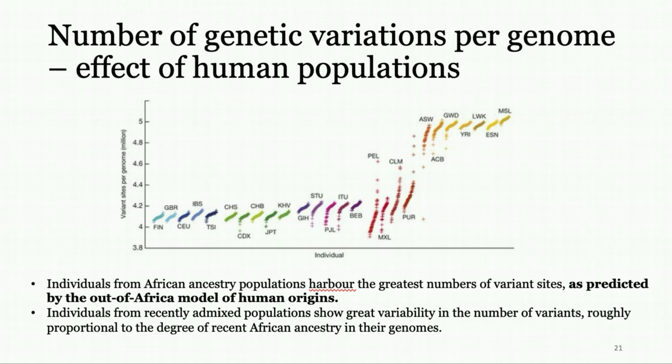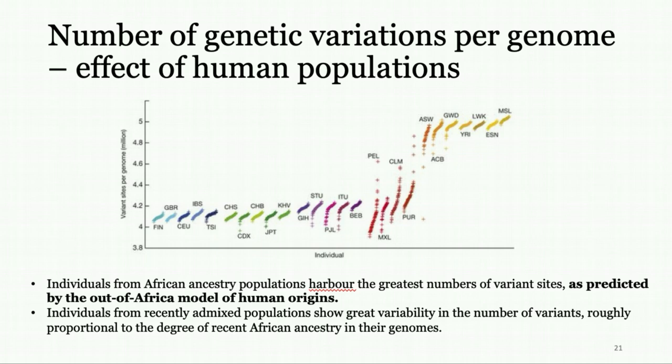One apparent trend is that African individuals tend to carry many more genetic variants. For the American population, the individuals collected have ethnic ancestry from African, European, and Native American groups, and you can see the numbers vary a lot. It's actually the group that has the highest variation.